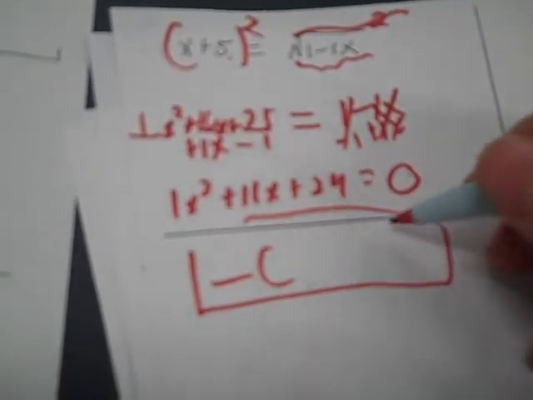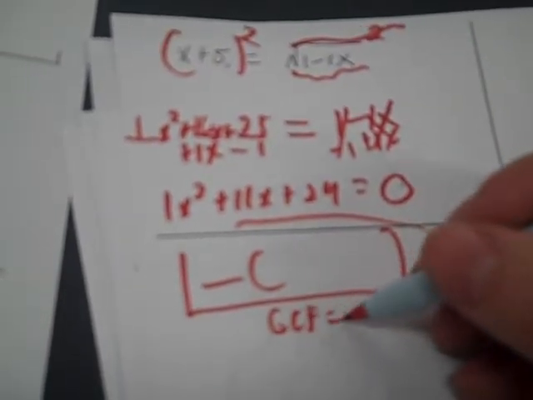Now I need to write that in factored form. There's 3 terms. There would be no greatest common factor. It's 1. Well, there is 1. I just don't do it because that's stupid. 1x is worth doing, but not just 1. So 1 times positive 24, positive 24. So that's a sum of 11, positive 11.